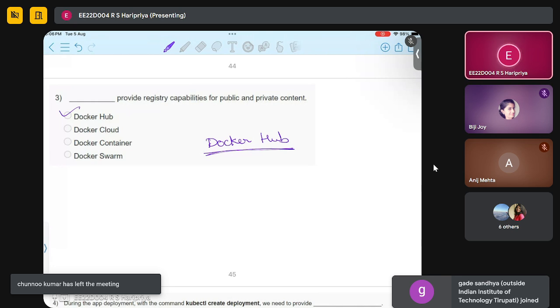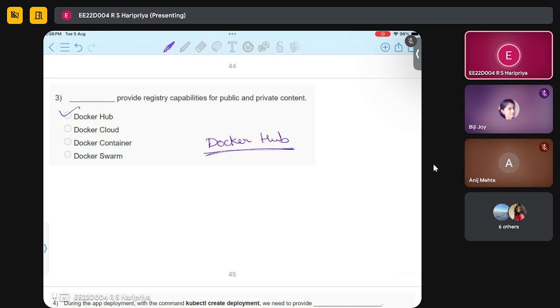Whereas the Docker Cloud is a service for managing and deploying Docker containers across the cloud providers, but it is not primarily a registry. Docker Cloud is more about orchestration and deployment.